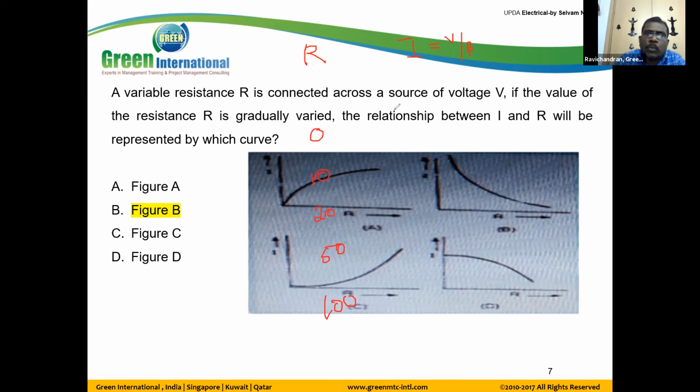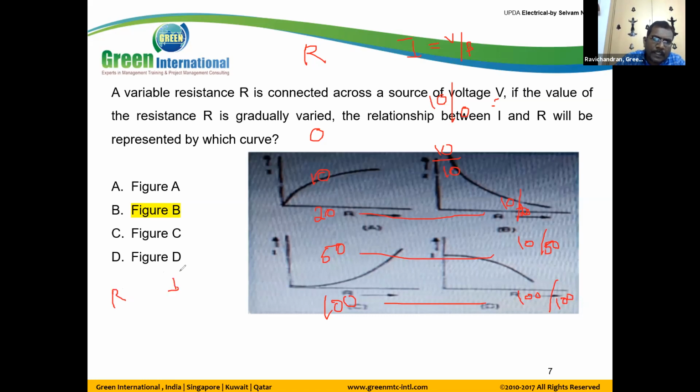Here, assume that the applied voltage is 10. So 10 by 0, 10 by 10, here 10 by 20, here 10 by 50, here 10 by 100.